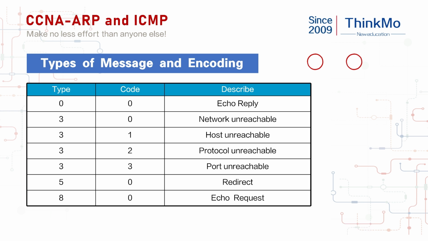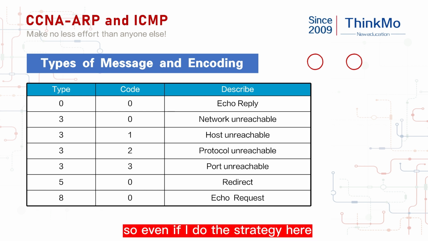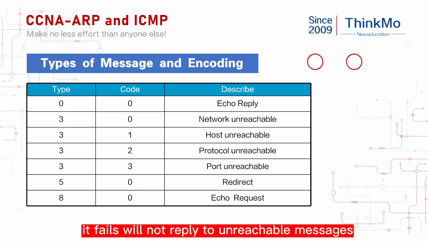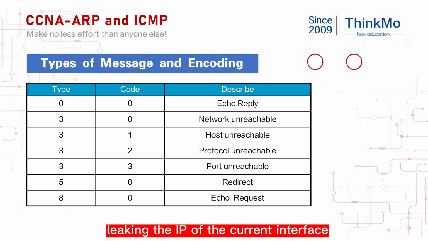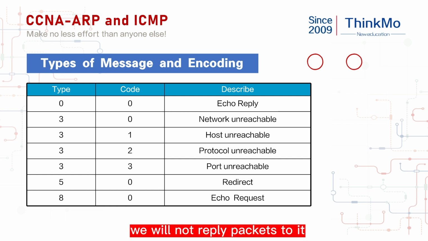Usually, I don't want this address to be revealed. So even if I do the strategy here, after the data arrives, it fails and will not reply with unreachable messages. If the device replies with an unreachable message, it will come out with the IP, which is equivalent to leaking the IP of the current interface. Generally speaking, we will not reply packets to it.